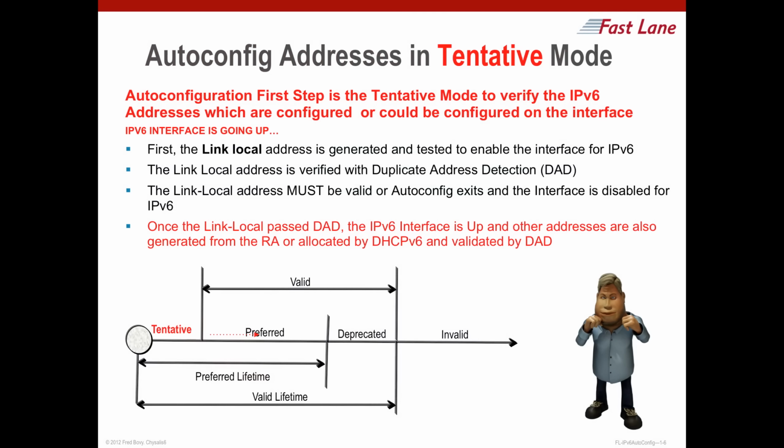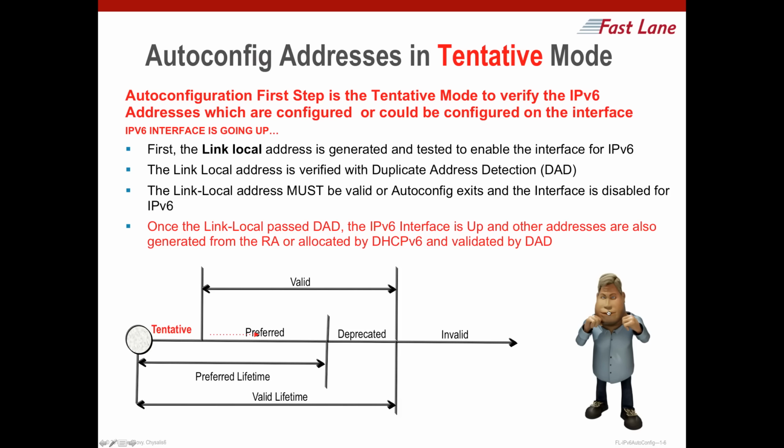So when you start autoconfiguration, basically an interface which is just starting, the first mode will be tentative mode. In tentative mode, the interface is going to try to get a link-local address, and if it is not able to find a link-local address, then the interface will be disabled for IPv6.